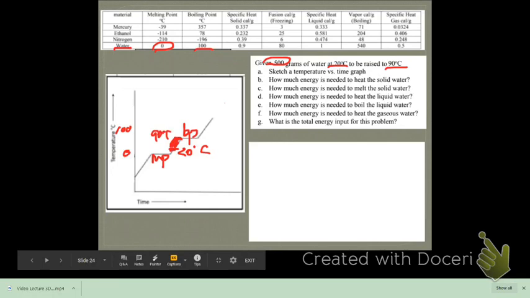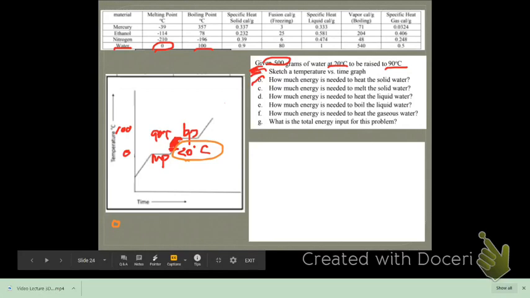Sketch the temperature and time graph, which we just did. How much energy is needed to heat the solid? Well, there is no solid, right? Because we're starting our temperature right here. It starts at 20 degrees. There is no solid. So that's 0. I'm going to put a 0 here.